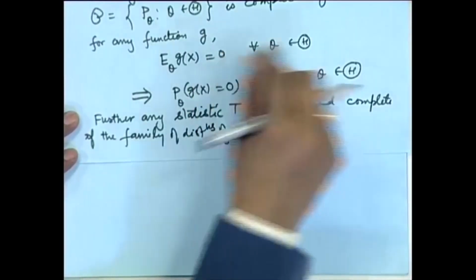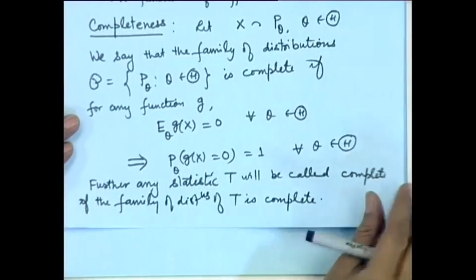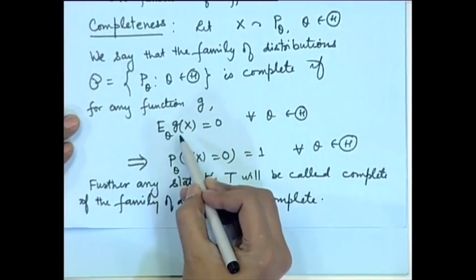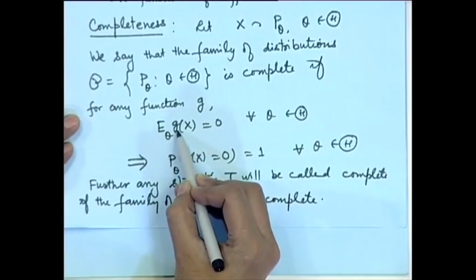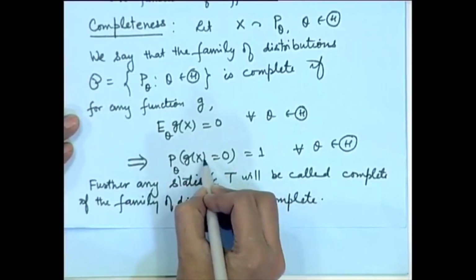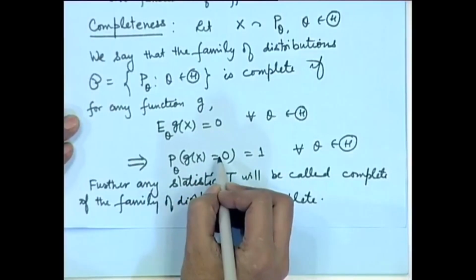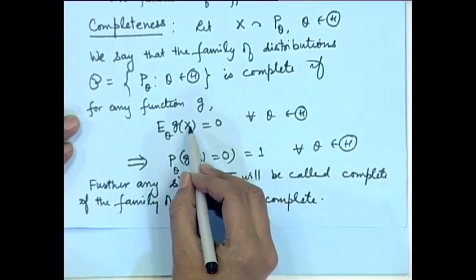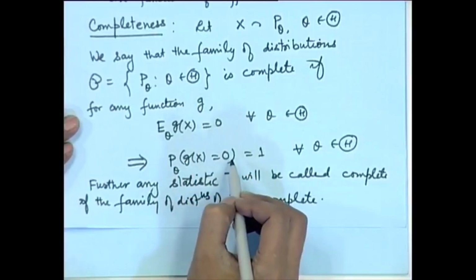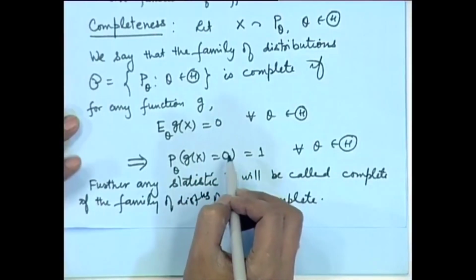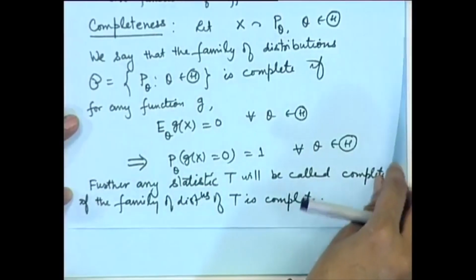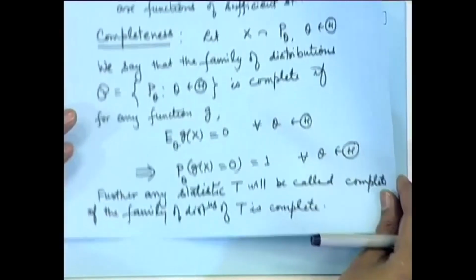So, let me give the example here and explain what is the meaning of this. What we are saying is that whenever expectation of g(X) is 0, the function itself is 0. That means, the only unbiased estimator of 0 is 0 itself. Now, this is a very important statement, and let us see why this is true for various distributions.